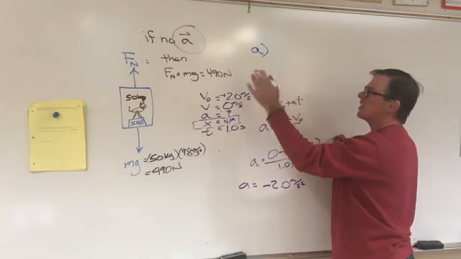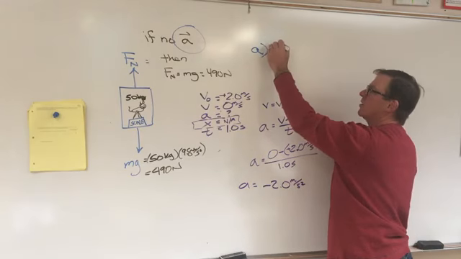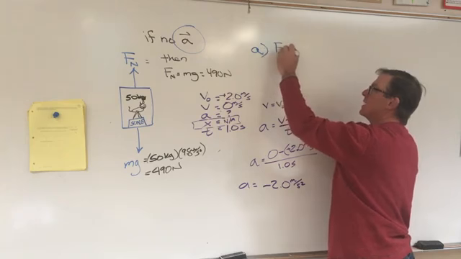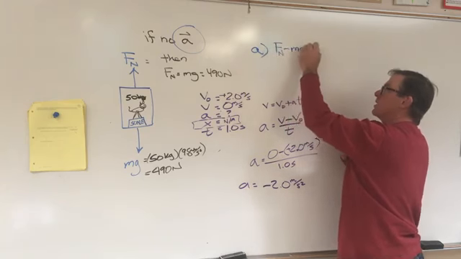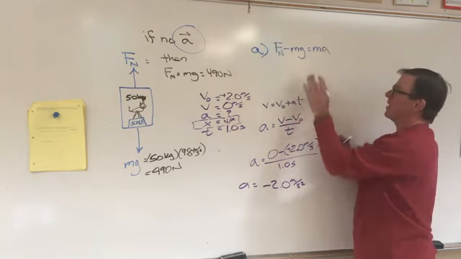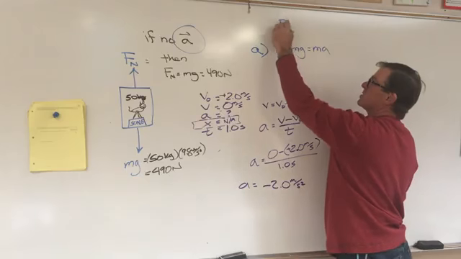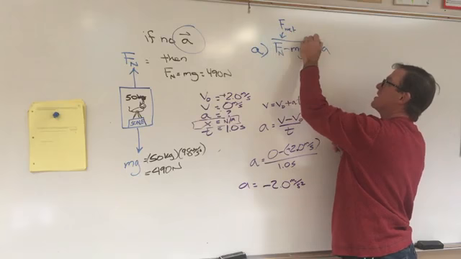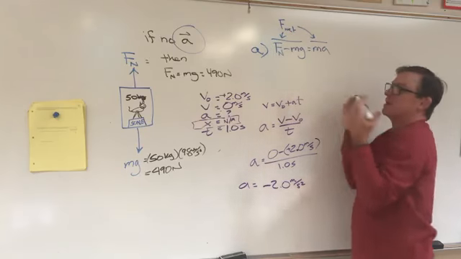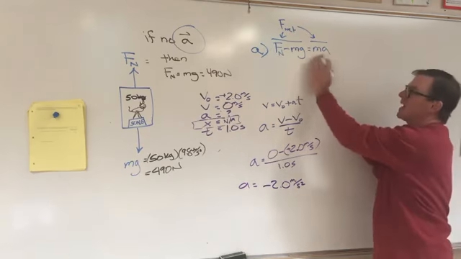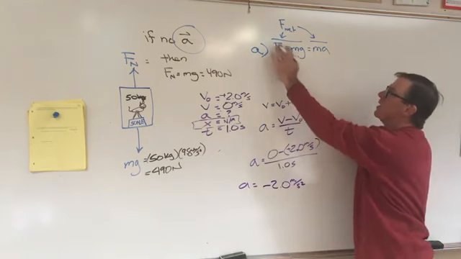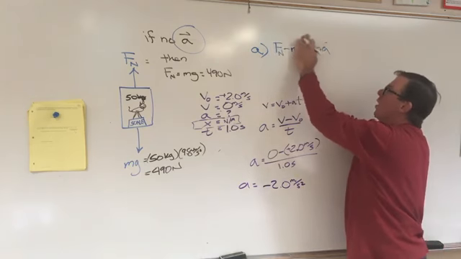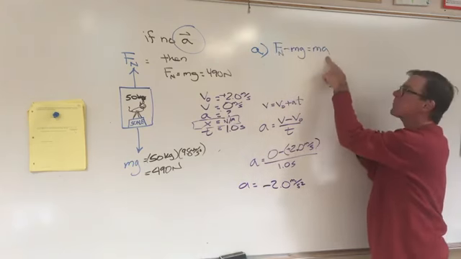Now, if you want to use an equation to get there, you would say up minus down equals ma, because this is the net force. They are both, F net is ma, and F net is up minus down. But a is 0.